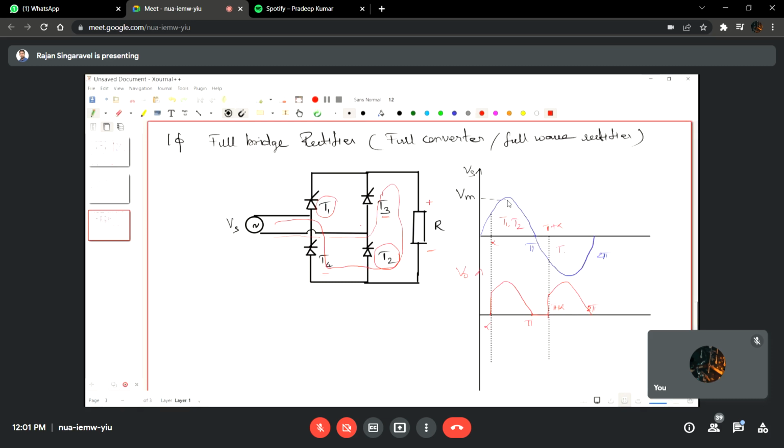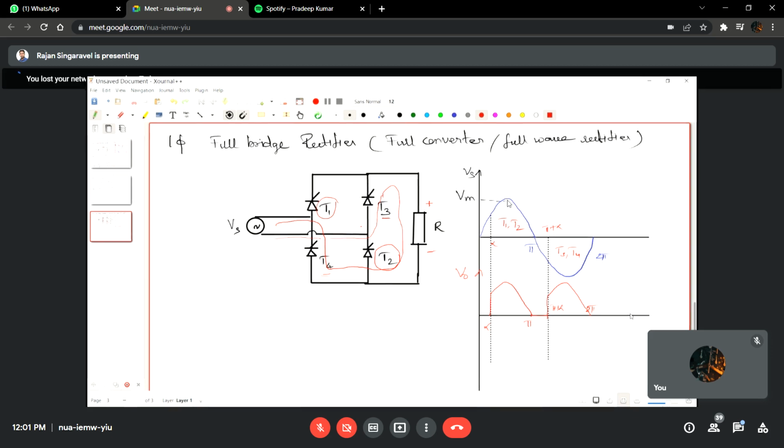This will be the nature of the output voltage, same pattern, but the magnitude may be a little bit different because it depends on the supply voltage magnitude and the resistor value. But the voltage waveform and current waveform will follow the voltage waveform exactly when the load is R load. That's what we have to understand.